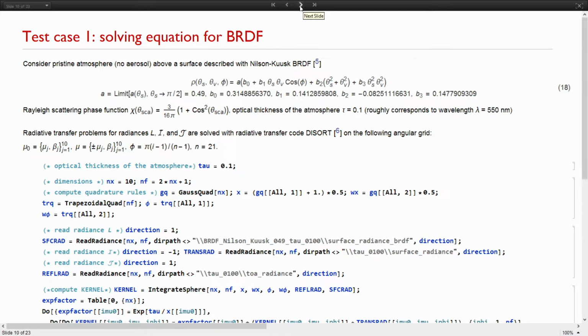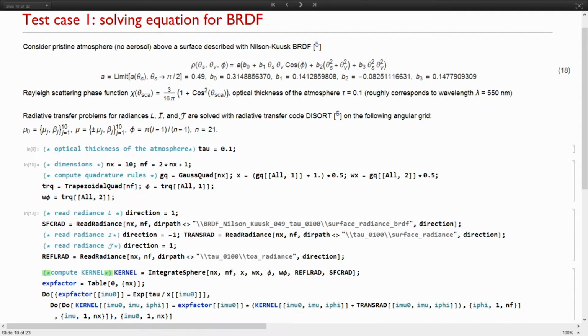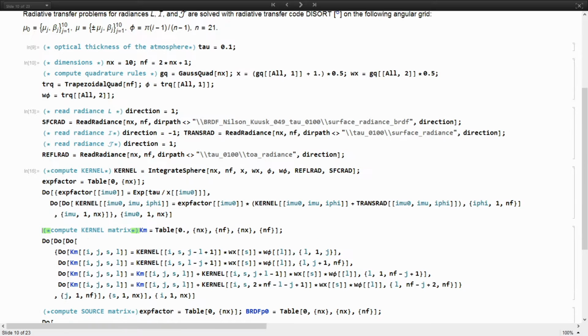So the discretization scheme is described here. The code presents just the general setup for calculation. Here I compute the kernel and then the kernel matrix.